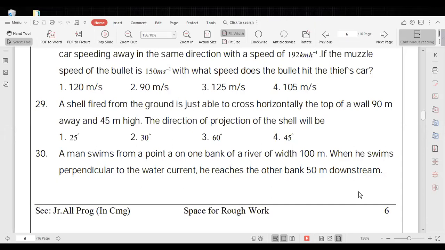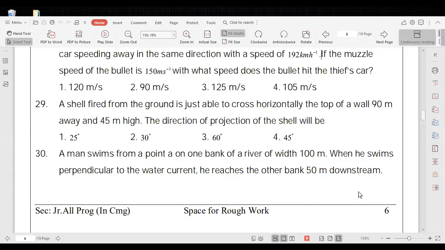30th problem. A man swims from a point on one bank of a river of width 100 meters. So the width of the river is equal to 100 meters.